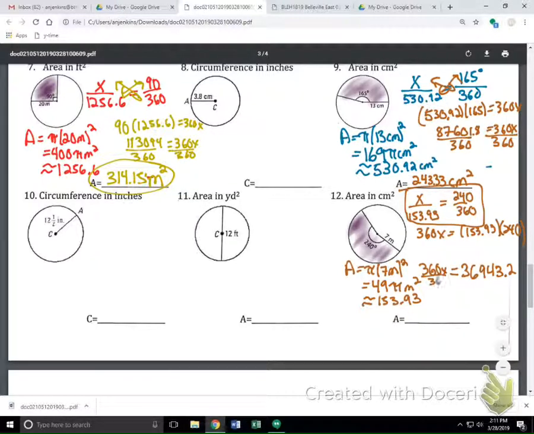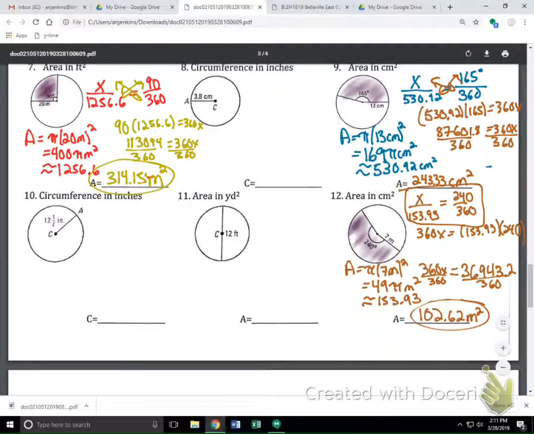Now we have to divide by 360. When you divide by 360, what value do you get? 102.6 meters squared.